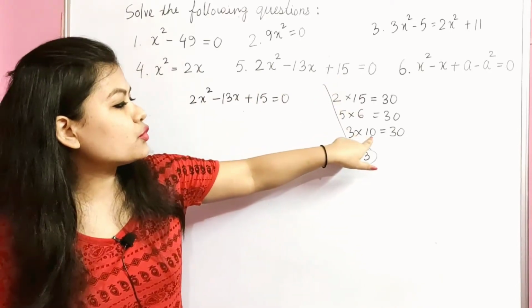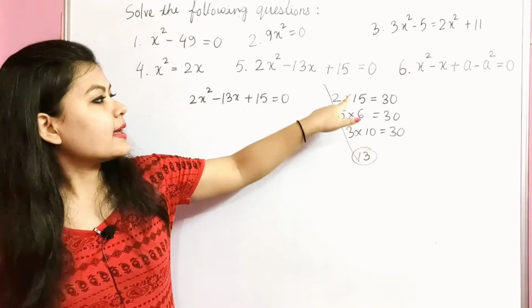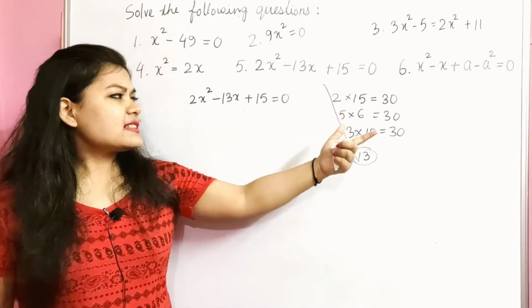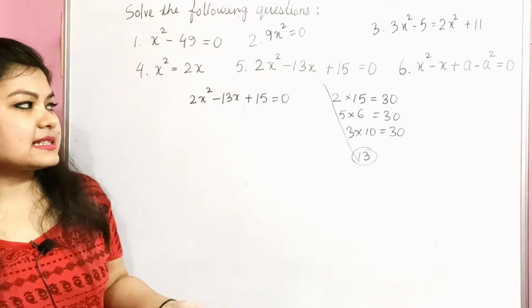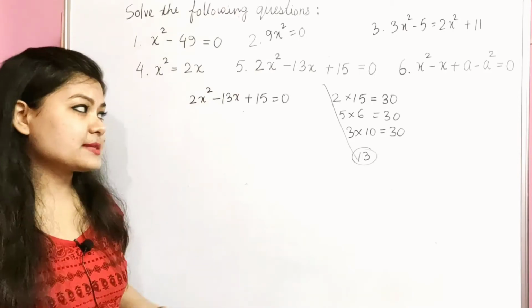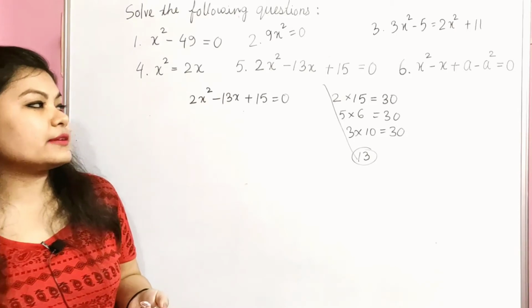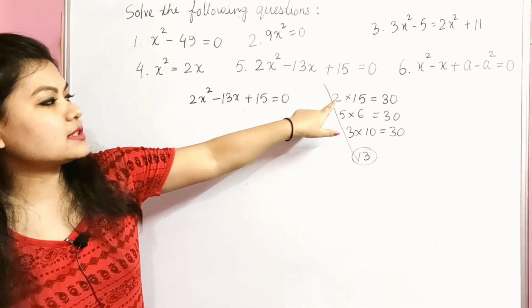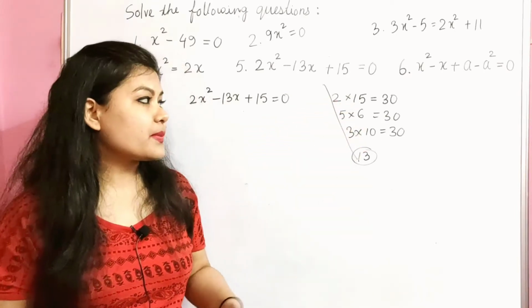Here, 3 plus 10 is equal to 13 and 15 minus 2 is equal to 13. The pair 5 and 6 is of no use, because 5 plus 6 is equal to 11 or 6 minus 5 is equal to 1. So this pair will nowhere give you the value 13. That's why we need to consider the 2 and 15 and 3 and 10 pairs.